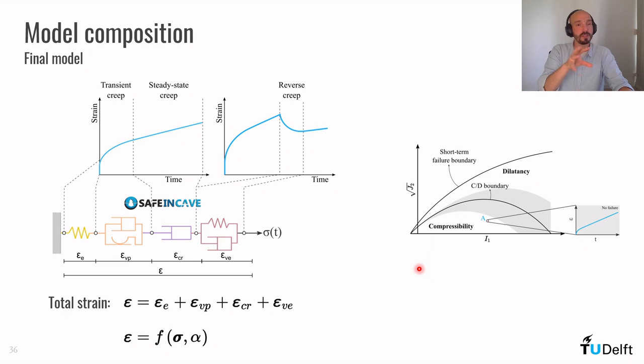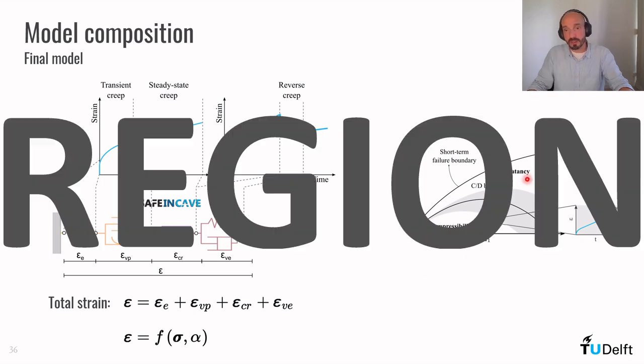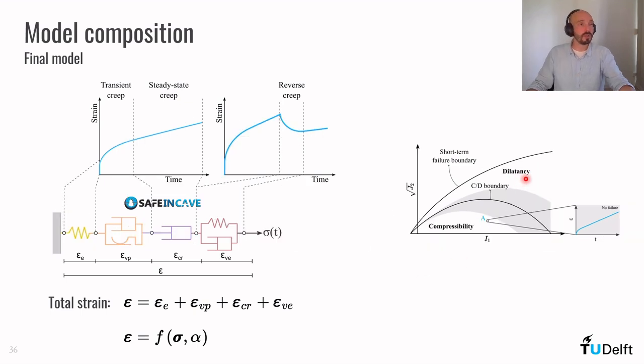So if we apply a certain pressure condition inside the cavern, and we compute the stresses around the cavern, and we identify a point that lies on the dilatancy boundary, we know that we have to change the pressure conditions, the operation conditions of the salt cavern.